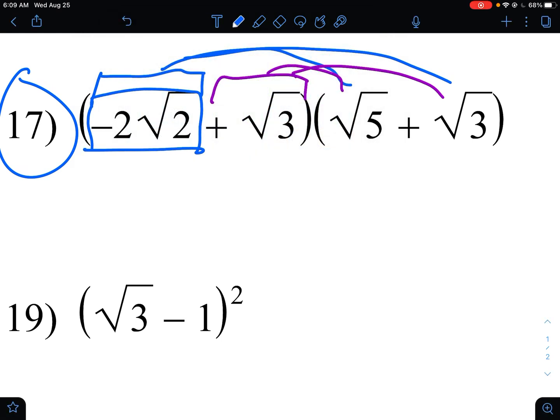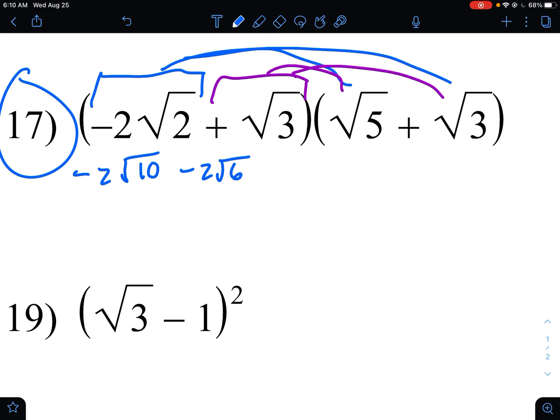We got negative 2 root 2 times root 5. That's going to give you negative 2 root 10. And then negative 2 root 2 times root 3 is going to give you negative 2 root 6. I'm going to switch to my purple part. We got root 3 times root 5 is just going to give you root 15.